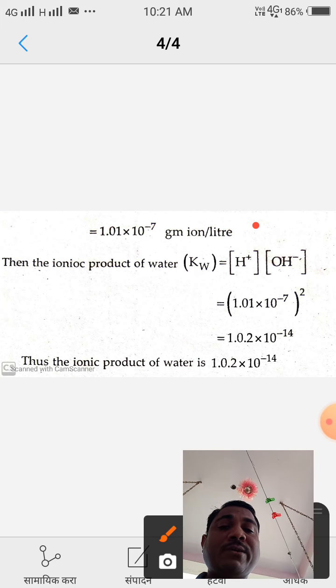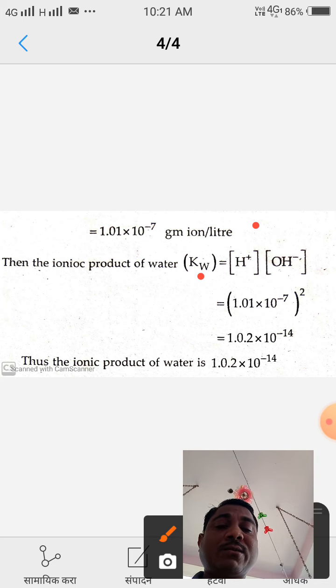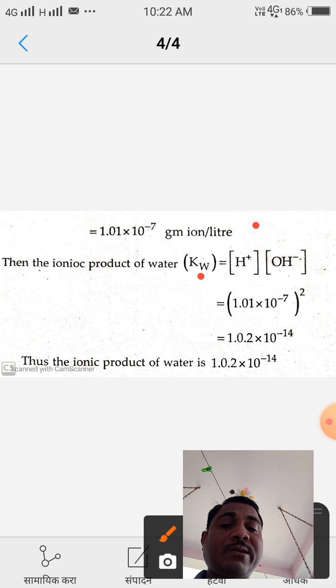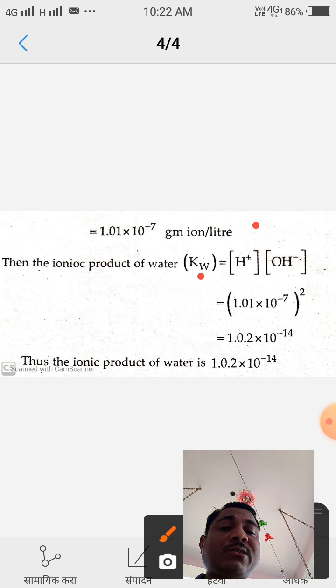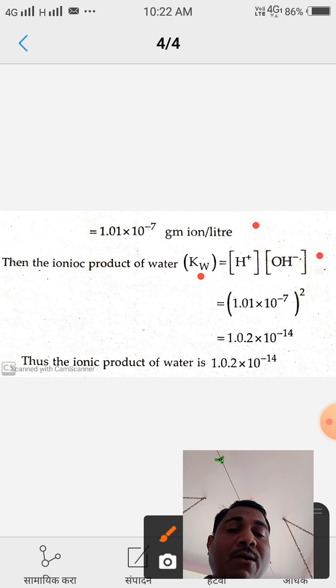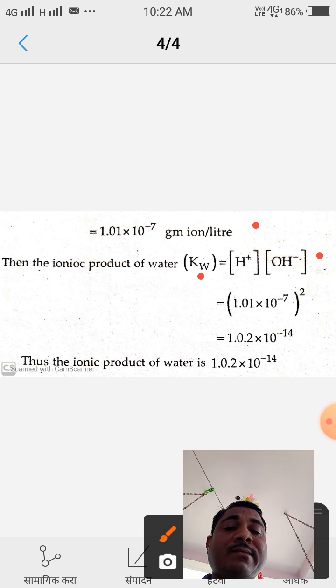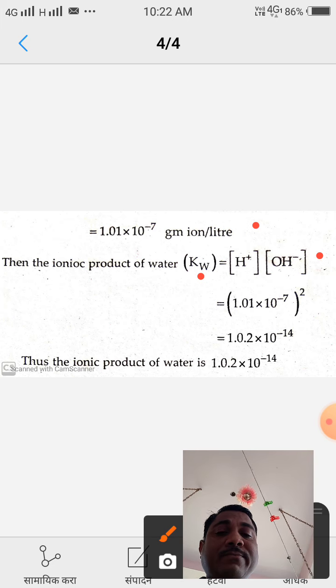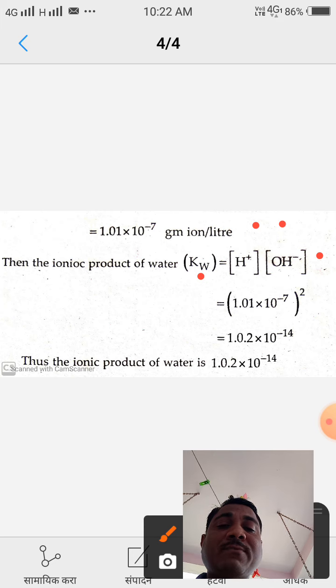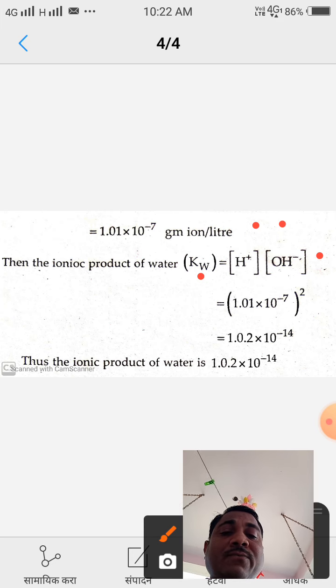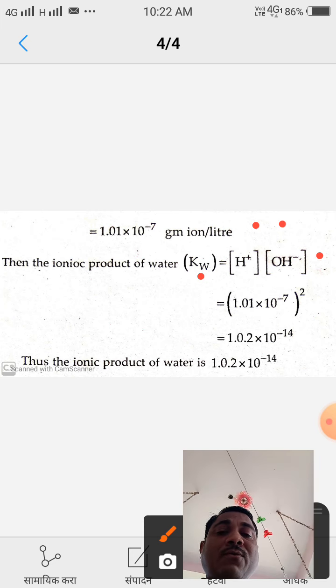Then we can calculate the ionic product of water, denoted by the letter Kw. This is the ionic product of water, which is equal to the product of the concentrations of cation and anion, that means the product of H positive ion and OH negative ion. We know that the concentration of H positive ion is 1.01 into 10 raised to power minus 7, which is equal to the concentration of OH negative ion.